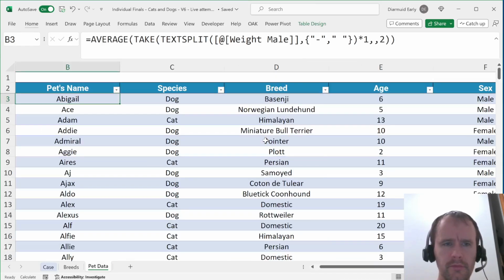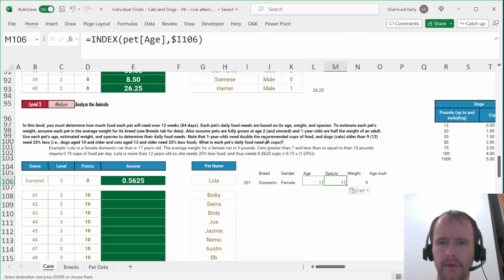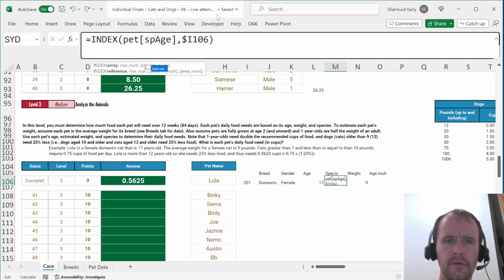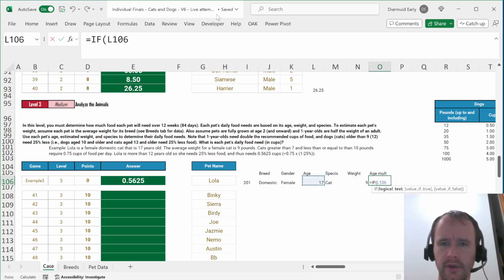What is it called? It's called breed, it's called species, thank you. I know my words. Okay, so species, cat. Okay, so then here we're going to say if age equals 1, then the age mult is 2.